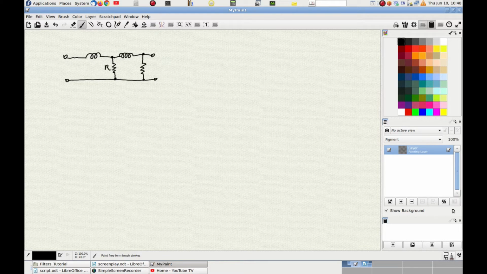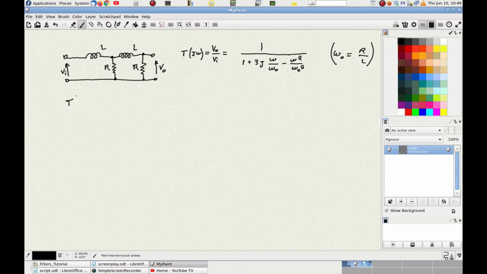If we consider the two inductors with the same value of inductance, and likewise for the two resistors, resolving this circuit we find that the transfer function is given by 1 over the sum of 1, 3j omega over omega 0 and negative omega square over omega 0 square, once we define omega 0 as R over L. To find the cutoff angular frequency, we substitute omega with omega c, and we impose that the magnitude of this expression equals 1 over square root of 2.